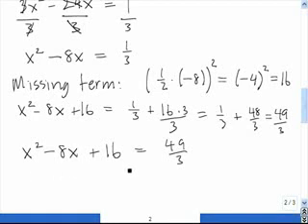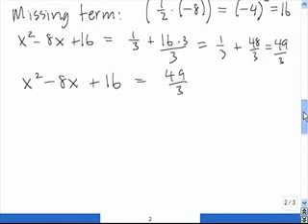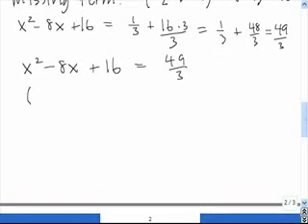So the last thing we do before getting rid of the quadratic piece is to factor this. So it factors as x, and then we have a square outside there. Because of this minus here, we have a minus.